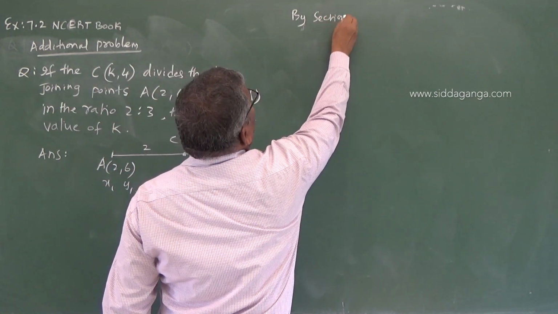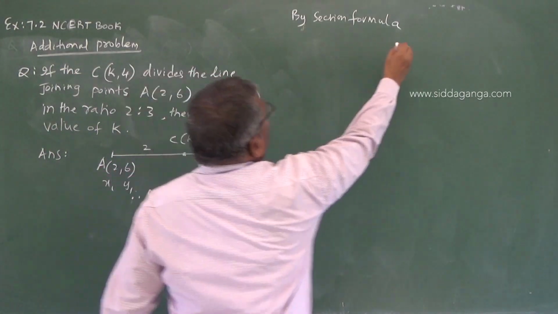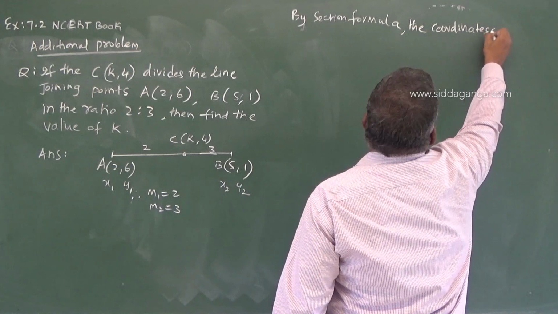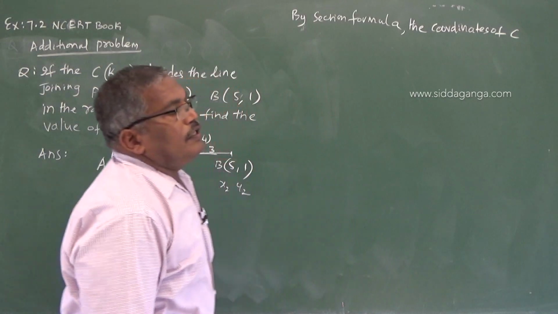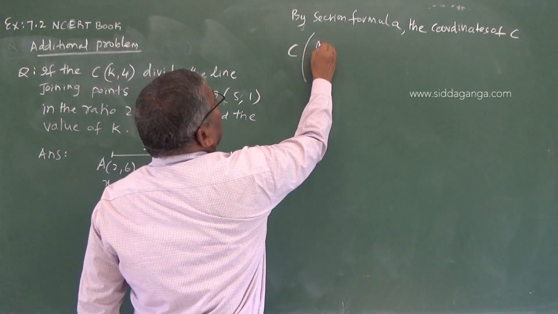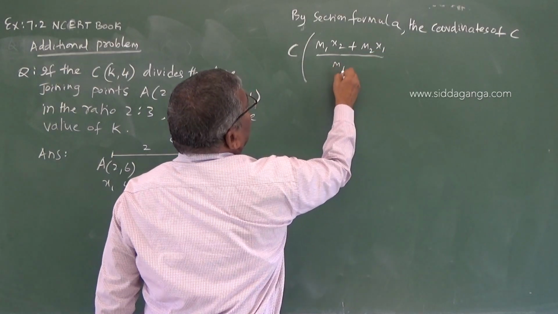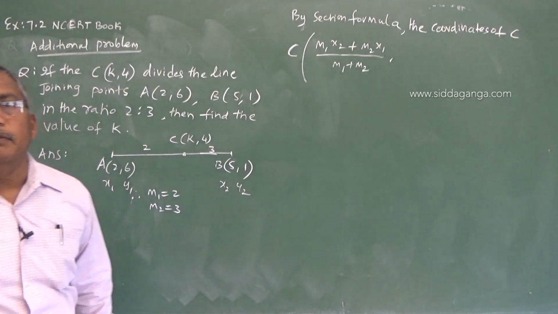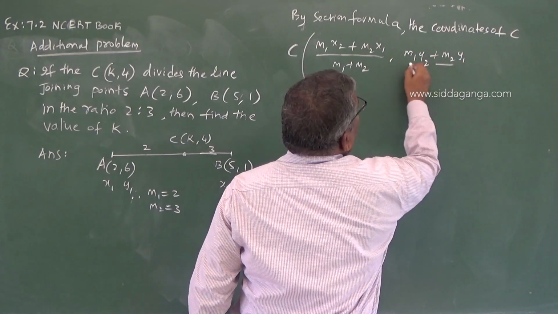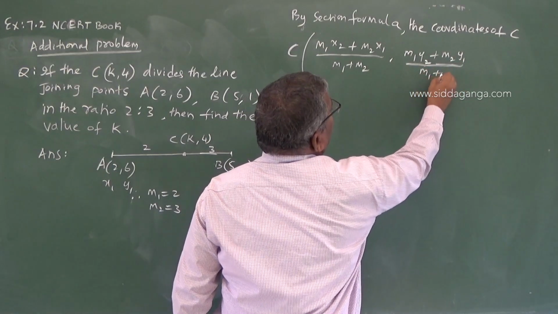By the section formula, the coordinates of C are, we know that, (m1 x2 plus m2 x1) by (m1 plus m2), comma (m1 y2 plus m2 y1) divided by (m1 plus m2).